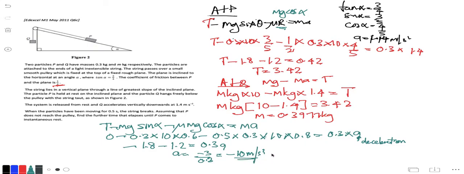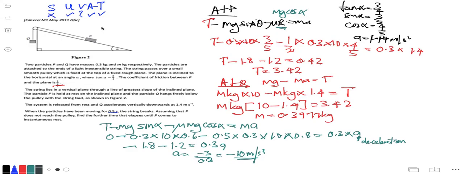So before we find how long it took the particle to stop, we have to find the velocity it was traveling at. Let's see what information we already have. We don't have S, but we have u, we want to find v, and we have a and t. t is 0.5.